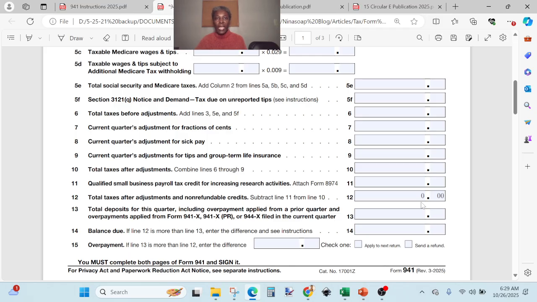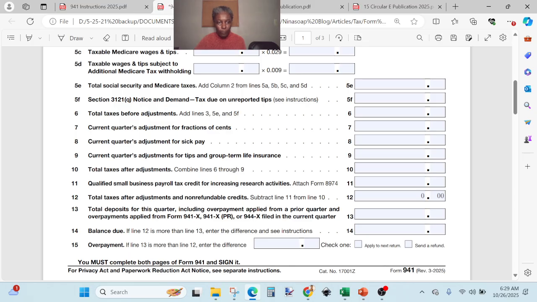And if you make any deposits, you'll compare that deposit to the tax liability to see if you made more deposits, or less, or the same amount, to see if you owe any tax, or if they owe you a refund, or if the difference between what you deposited and the tax liability is 0. So line 12 is your total tax liability.